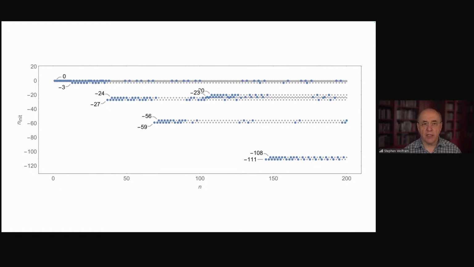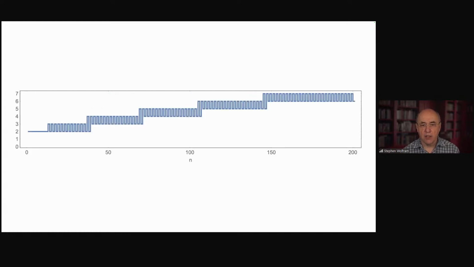So there's some alternation between behaviors for even and odd n, but apart from that, additional lookbacks are just steadily added as n increases. And indeed, the total number of lookbacks follows this simple pattern.